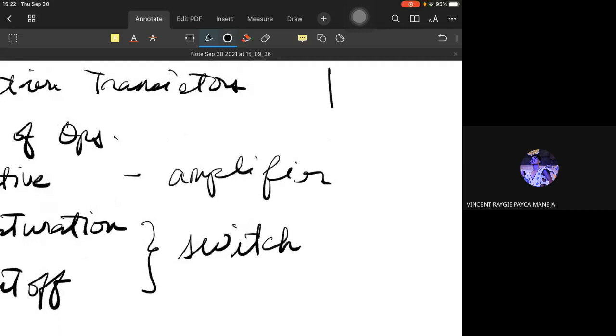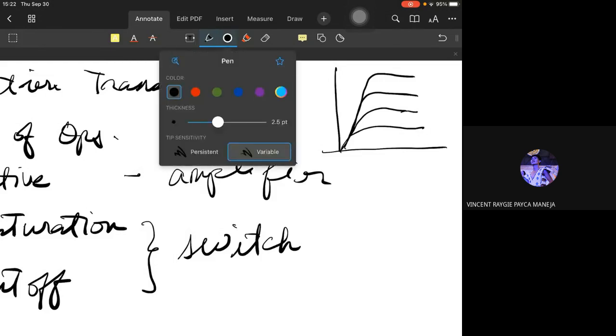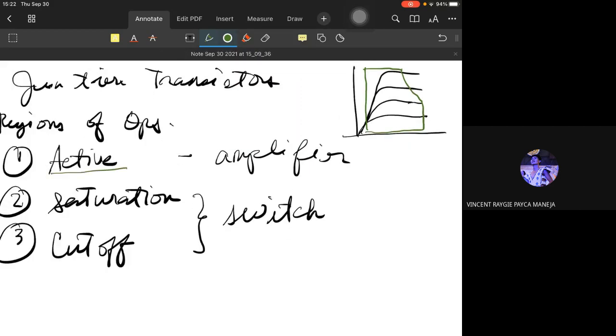So gamay lang visual. Nga nito isura sa atong characteristic curve sa atong BJT. So for different values of IB, it may look like this. So muna siya ang active region. Active region. Saturation region. Current is high. Voltage is low.